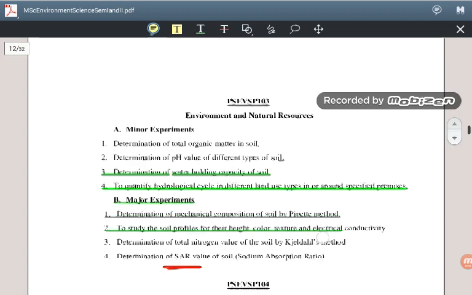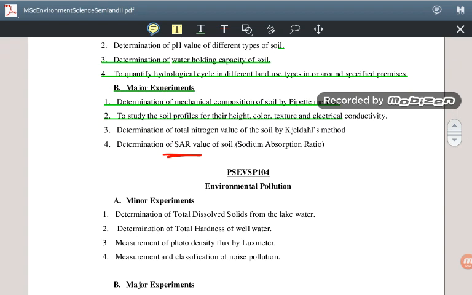And the next paper, that is the fourth paper, here we have to find out the total dissolved solids. Total dissolved solids means, consider water, it may be a drinking water resource.